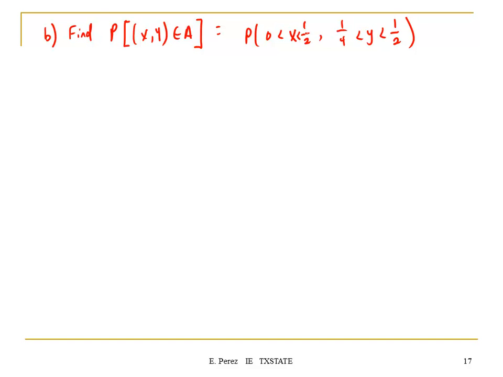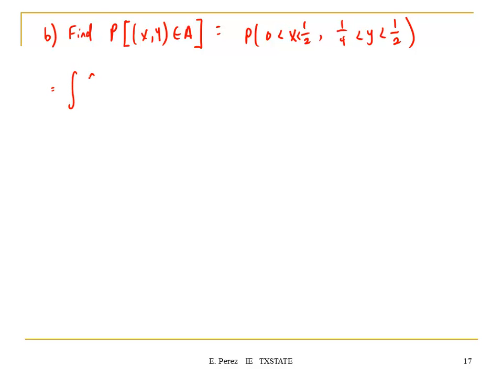So what we're going to do to compute that probability is to use our joint density function, and we need to integrate now with respect to x and y, taking into account the limits for each random variable. So the way you state this integration is the following.